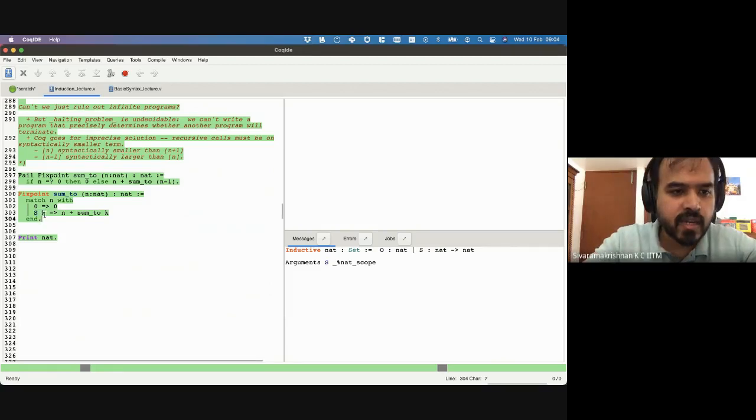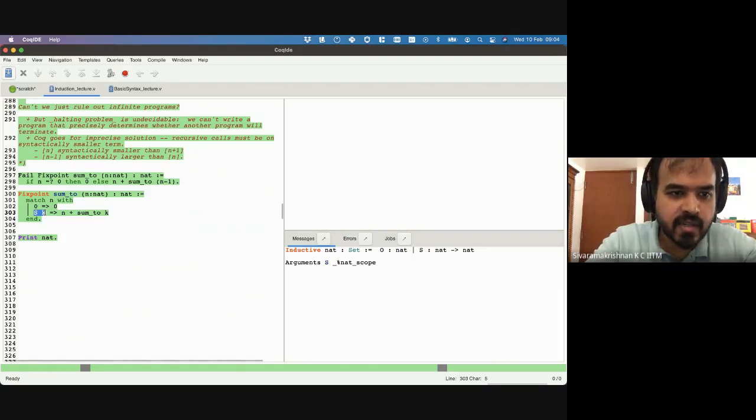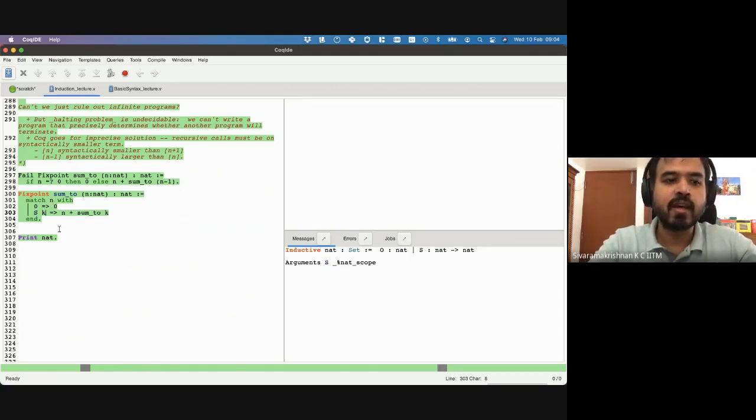Since we are recursing on k here, the next time we go here, it can either be 0, in which case we terminate, or we destruct k again to get a k prime, and k prime will be smaller. Terms can only get smaller so many times because of the way inductive types are constructed. That's the reason why Coq is able to say, okay, I know this function will terminate. Does that answer your question?